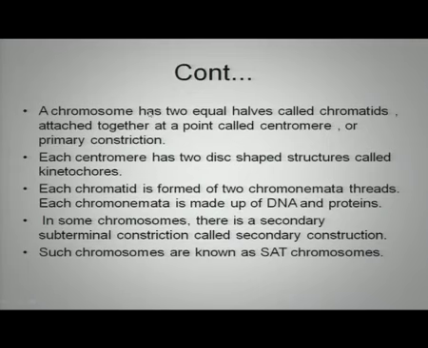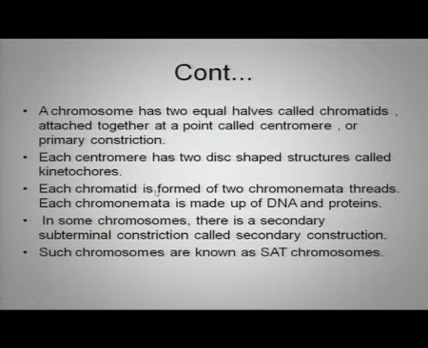A chromosome has two equal halves, and we will call these equal halves chromatids, and they are attached together at a point, and this point is known as centromere or primary constriction. Each centromere has two disc shaped structures called kinetochores.